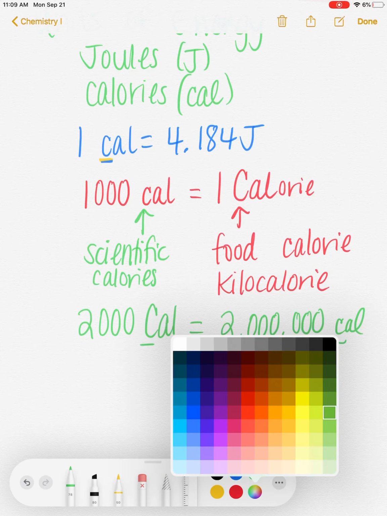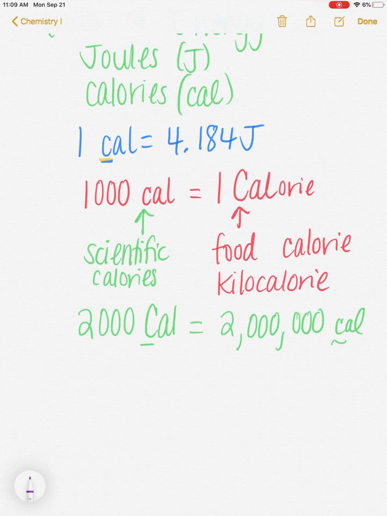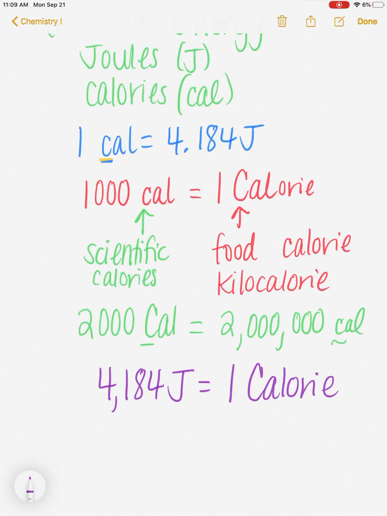So a new conversion factor that you are going to want to commit to your memory or to know for your homework is that there are 4,184 joules in every 1 capital C calorie. Or you could write that as 4,184 joules is equal to 1 kilocalorie, kcal.